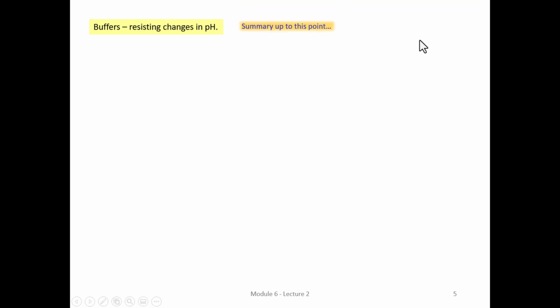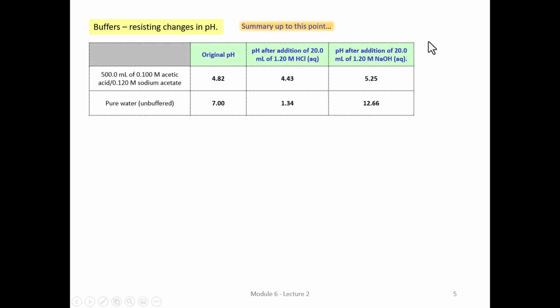Let's try to summarize up to this point. We had 500 milliliters of 0.1 molar acetic acid, 0.1 molar sodium acetate buffer. The original pH of that buffer was 4.82. The pH after addition of 20 milliliters of 1.2 molar strong acid, HCl, was 4.43. It dropped some.